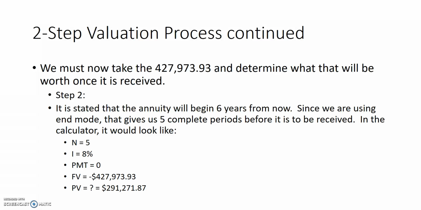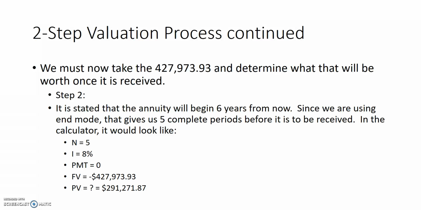So how long until it is received? Well, the question mentioned that it's going to be 6 years for it to be received. So since we are in end mode, that gives us 5 complete periods before it is to be received. So now we're going to seek the present value once more for this deferred annuity.